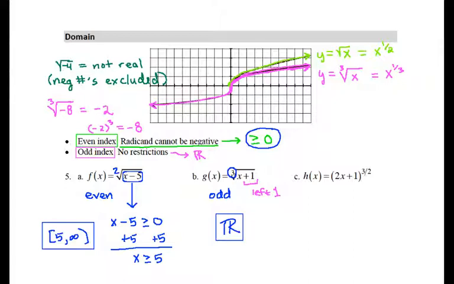And finally, looking at h of x, this has an even index. Remember that the denominator of the fractional power is the same as the index of the root, so this is the same thing as saying 2x plus 1 to the power 3 inside a square root, and therefore we will follow the rule for even index here.